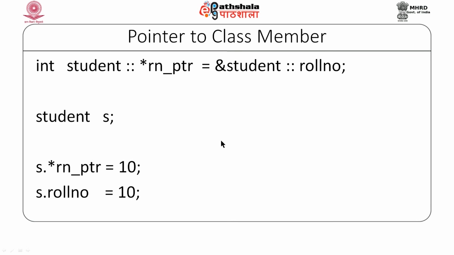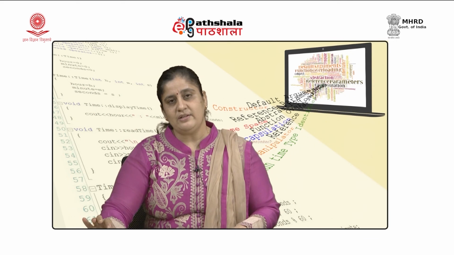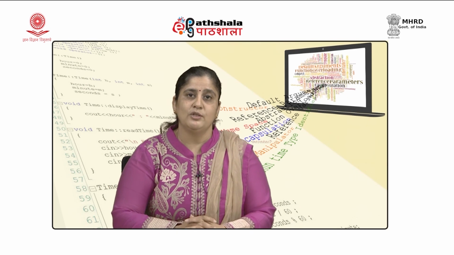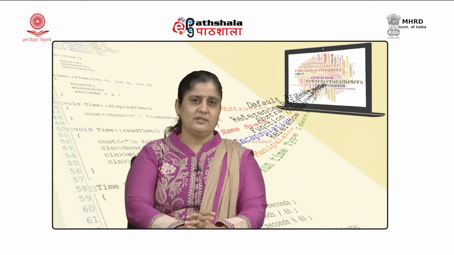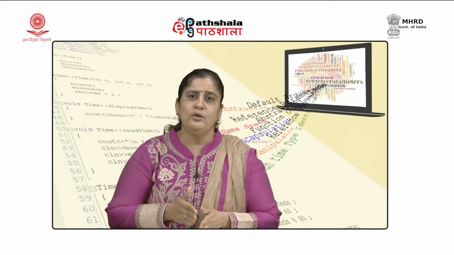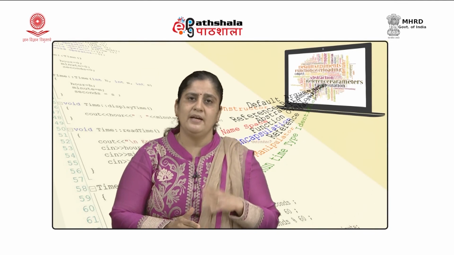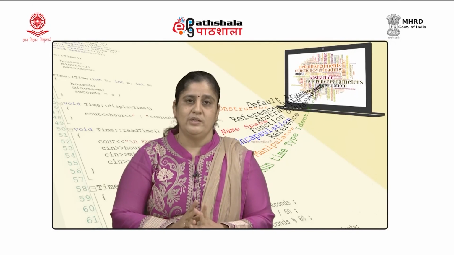Any pointer actually stores an address. So, when we define a pointer to a data member, again we believe that we are storing an address, but here there is a little difference. The pointer to the data member is a little different from a pointer to an object or a pointer to any other data type per se. What is the difference?